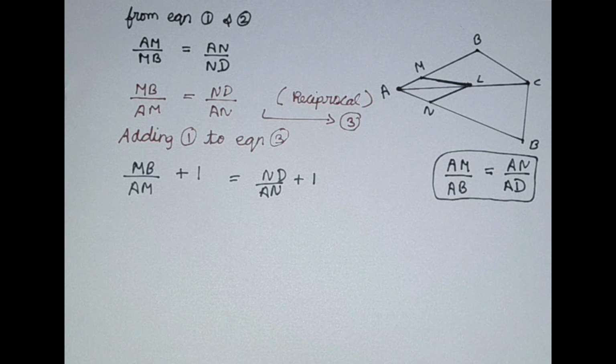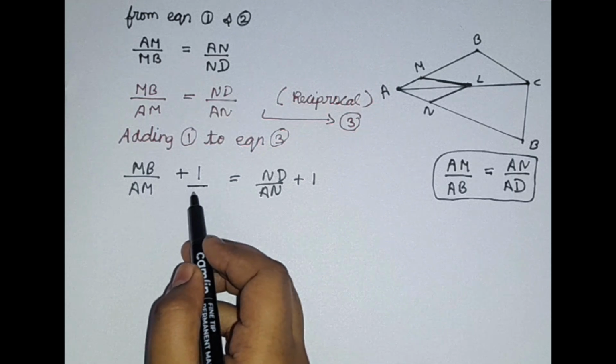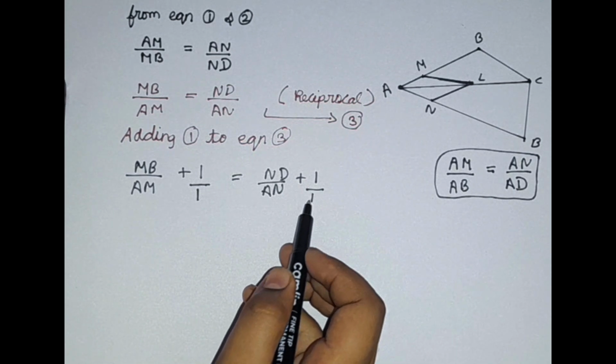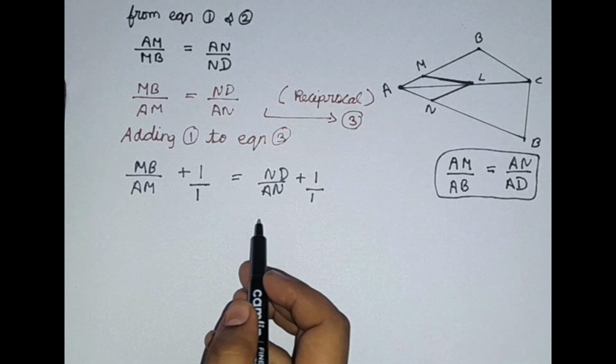The answer is yes, we can take reciprocal and we can add 1 as well. Why? Because if we don't get an answer, we are supposed to do it like this, finding the answer by adding 1 or by taking reciprocal. Now when we added 1, where nothing is there in the denominator, it means it contains 1.